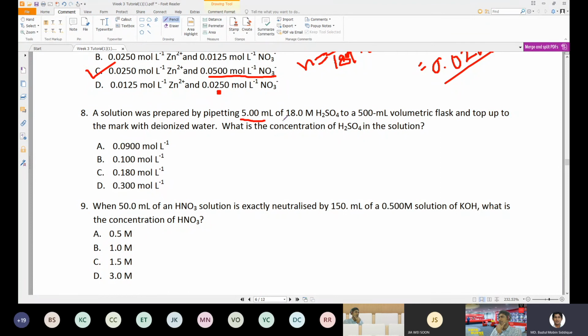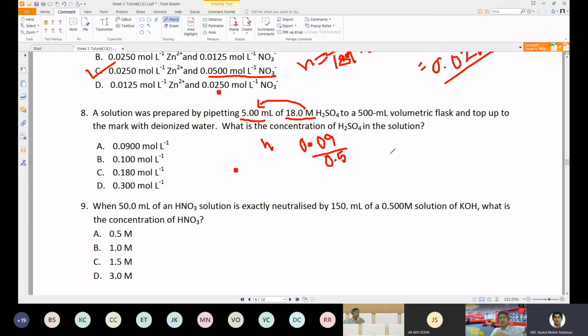This is V and this is C. So N equals C into V. If we multiply these two, then we will get 0.09 number of moles. And that is dissolved in 500 milliliters, so that means 0.5 liter.